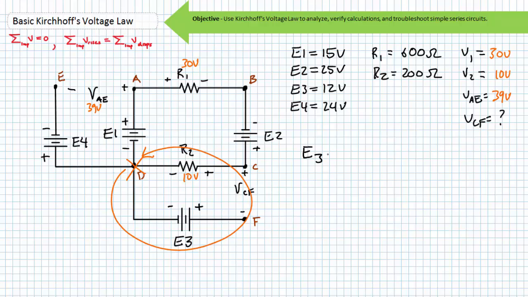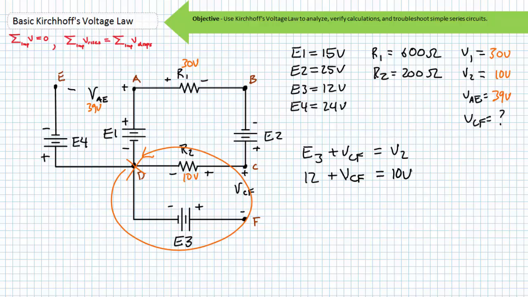We then travel through VCF minus to plus. Therefore, it is also a rise, and it also goes on the left-hand side of the equation. Finally, we travel through V2 plus to minus. Therefore, it is a drop, and it goes on the right-hand side of the equation. Our KVL equation for this loop is E3 plus VCF equals V2.